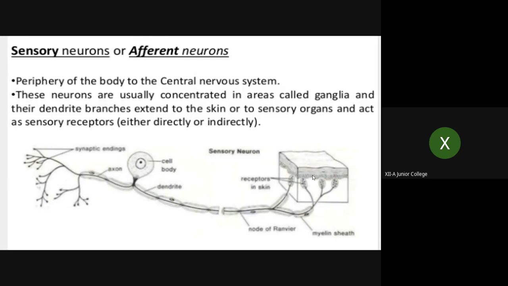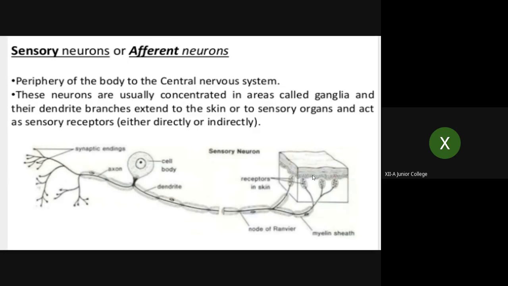Sensory, the word itself suggests that it is related to the sense organs. There are different types of sense organs, five main sense organs, you know that, right? They carry information from the periphery of the body to the central nervous system, and are also called afferent neurons. Afferent means towards. Towards what? Towards the cell body, the cyton. From the sensory organ to the central nervous system.